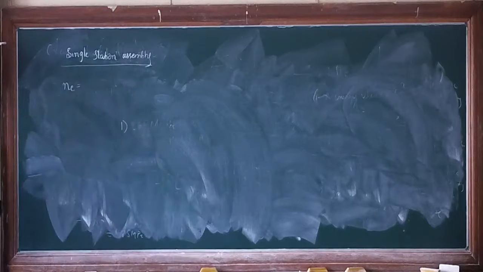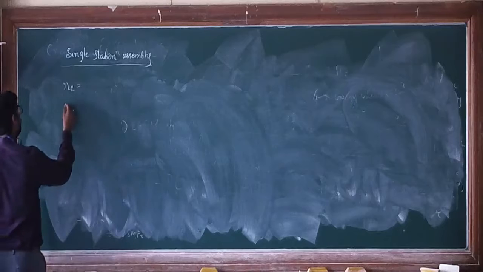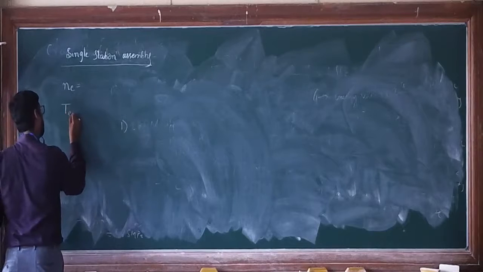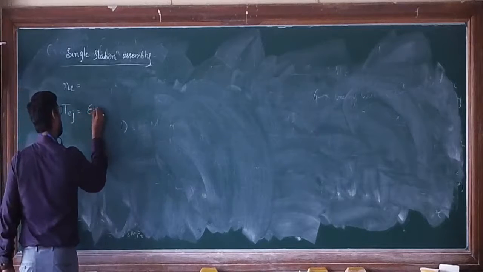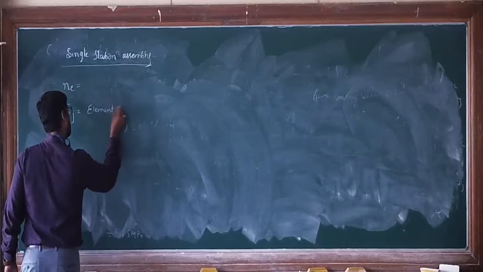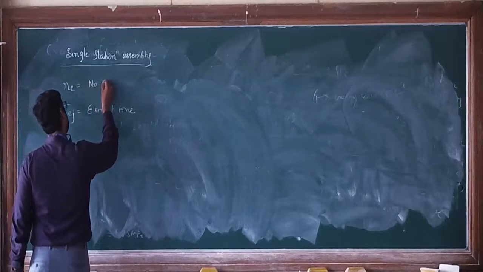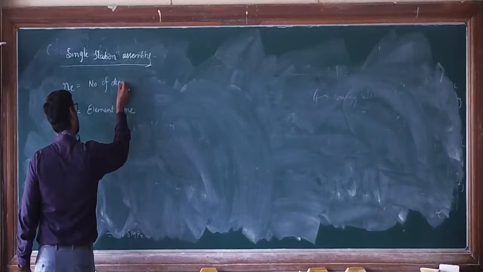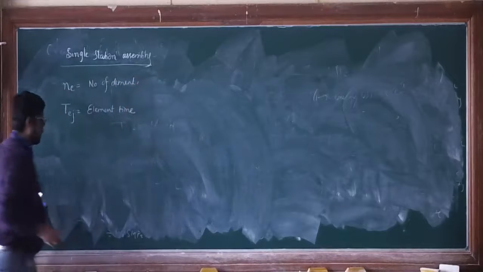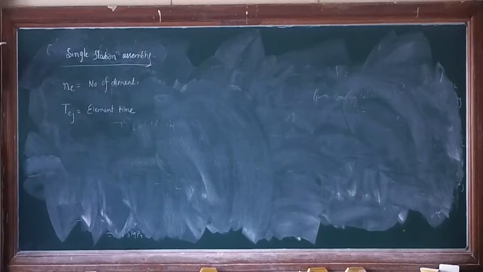And each element has an element time, TEJ. This is the element time, and this is the number of elements, where TEJ is 1, 2, 3 up to NE.